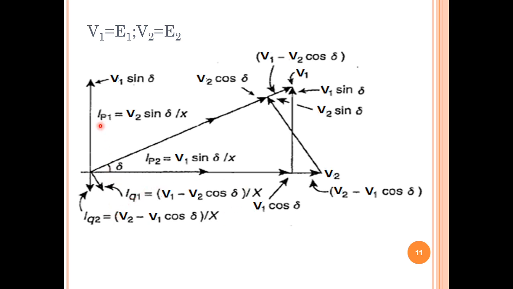The value of IP1 is V2 sin delta by X. V by X is the formula for current. This one is the active current component of the first bus. IP2 is V1 sin delta by X. I have evolved so many parameters here. These are the components. Next slide.